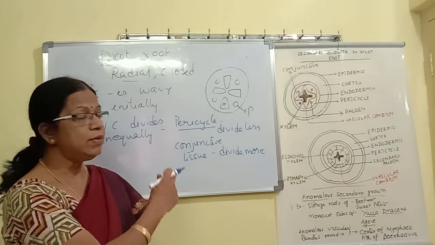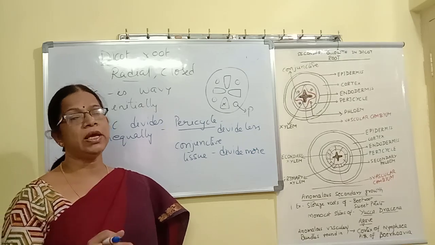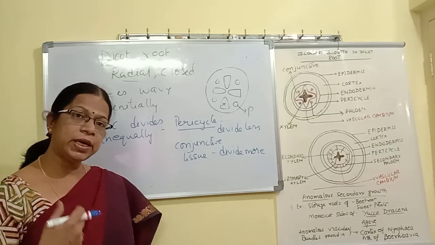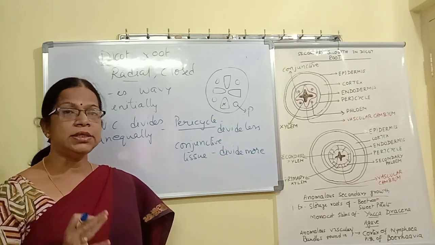Once a circular vascular cambium is formed, its function is similar to that of dicot stem, that is it gives rise to secondary xylem and secondary phloem.